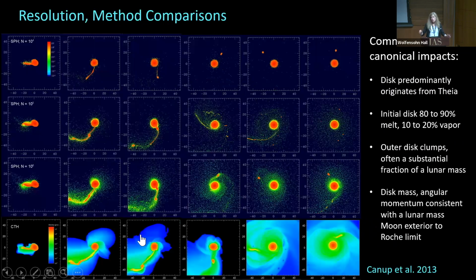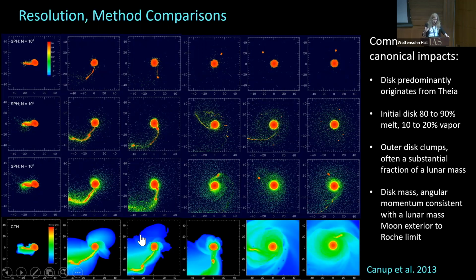There have been many, probably thousands of impact simulations done at this point by many groups, not just myself. These are results of, again, a single canonical impact simulation done at various resolution in SPH, and then also with a 3-dimensional grid code known as CTH. And across these different simulations for this class of impacts, there are commonalities. First, the disk, as I said, always originates predominantly from Theia.